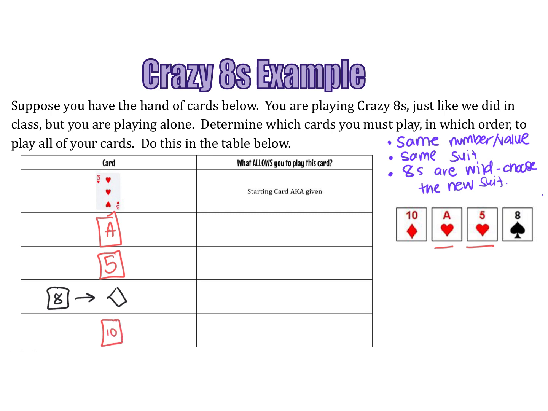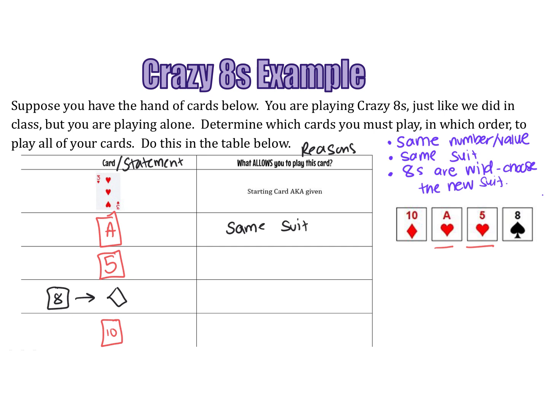So this card column on the left is sort of like our statement column in a two-column proof. It's what we are doing to get from one step to the next. And the other column is going to be our reasons column, which is really just answering the question, what allows you to do this? So what allows you to play the ace? The property that allows us to play the ace is that they are the same suit.